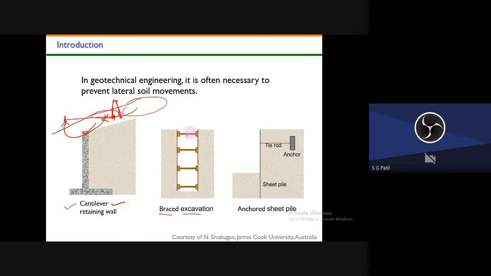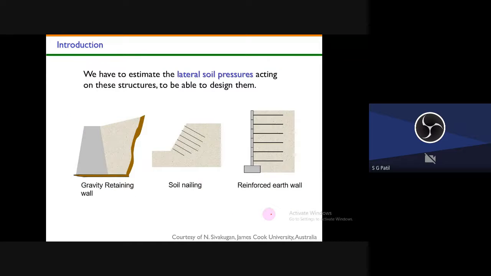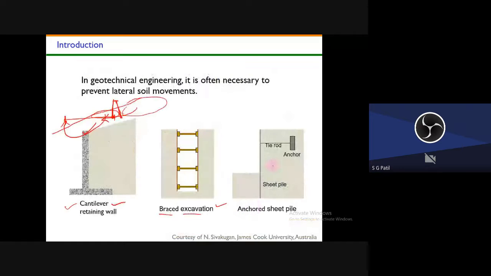For a metro station or some metro rail project, you will come across these kinds of braced excavation. The third example is anchored sheet piles. These usually come across in offshore structures.